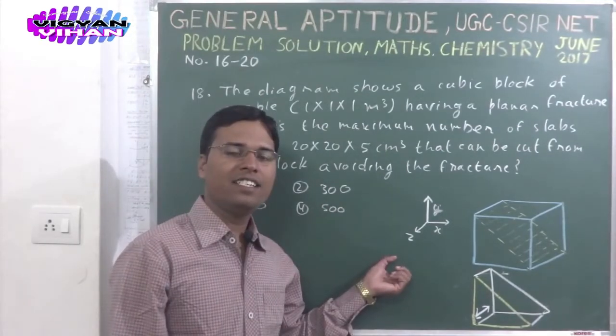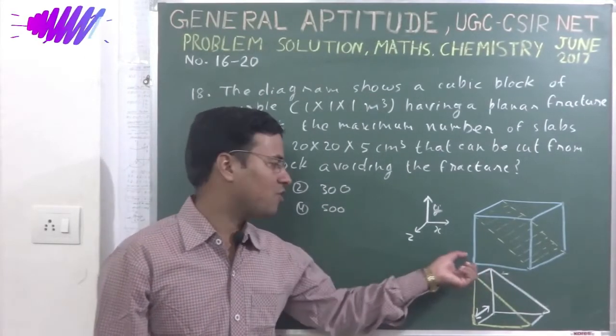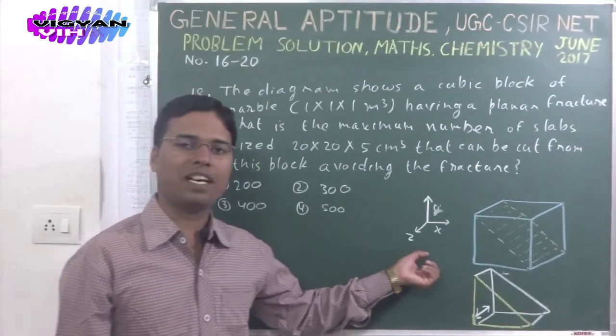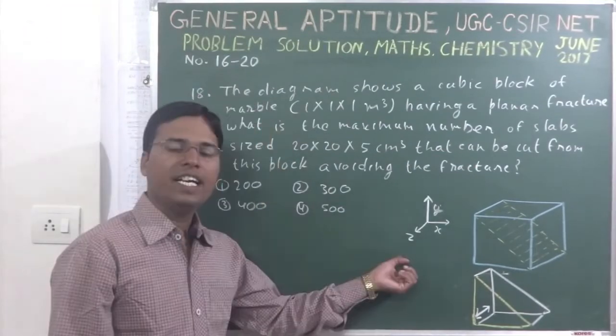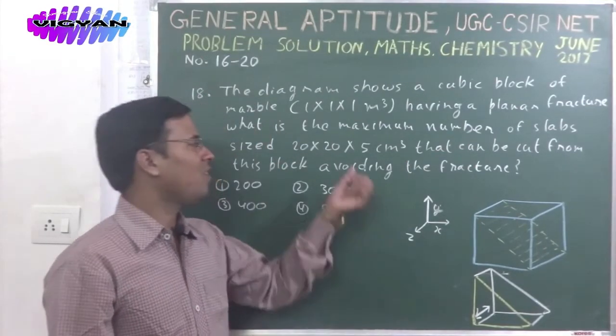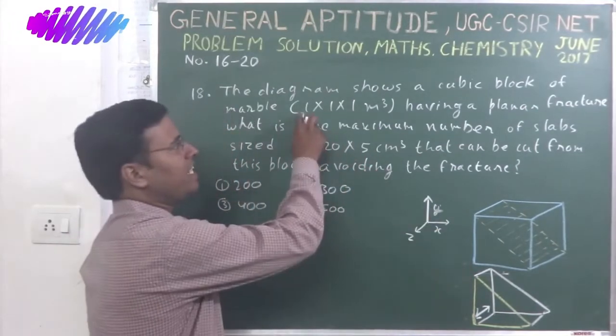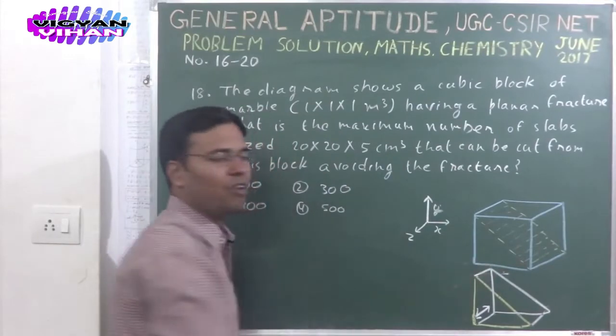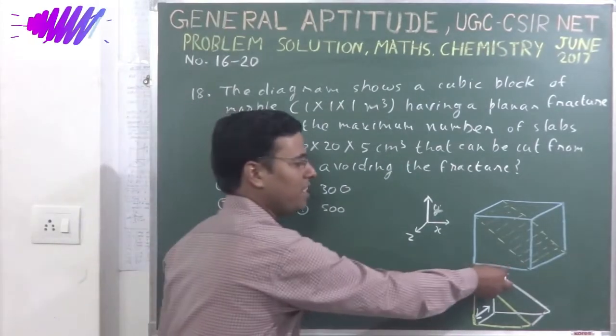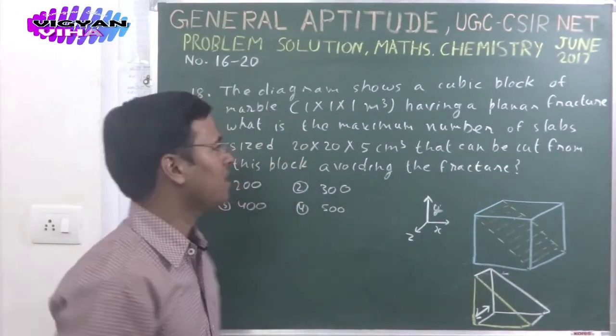First we divide the length of the cubical box which is parallel to the z-axis into lengths of 5 centimeter. So we know here that each dimension of this cubical block is 1 meter by 1 meter by 1 meter.